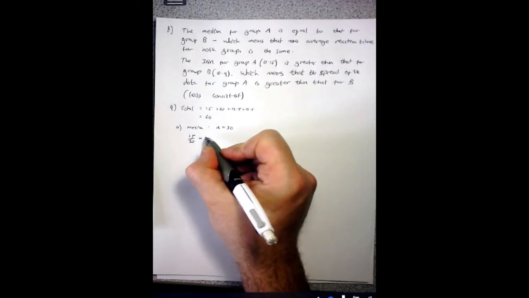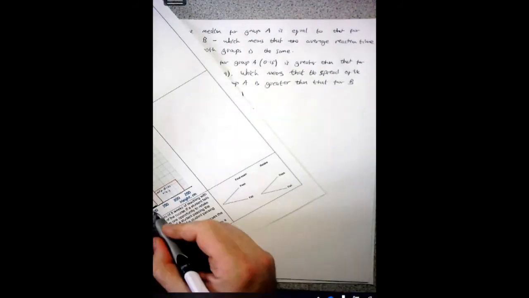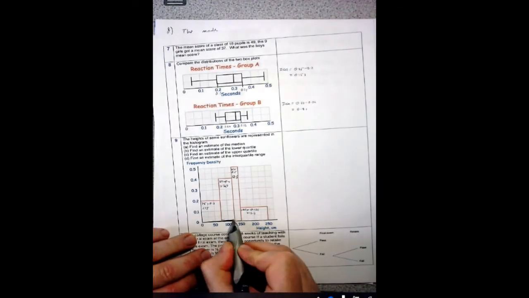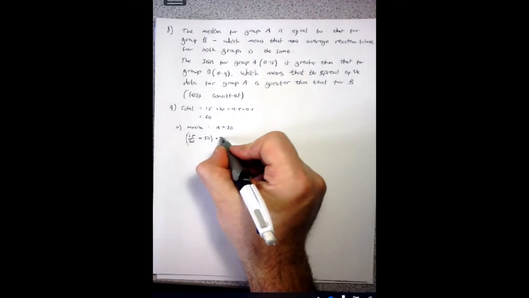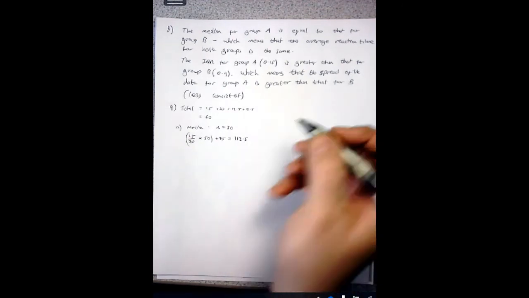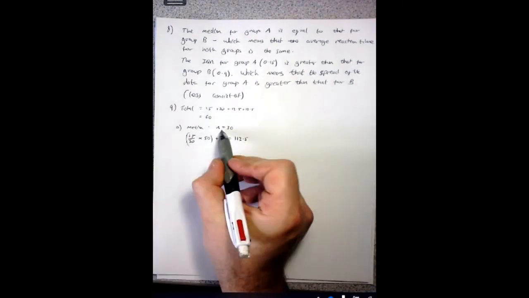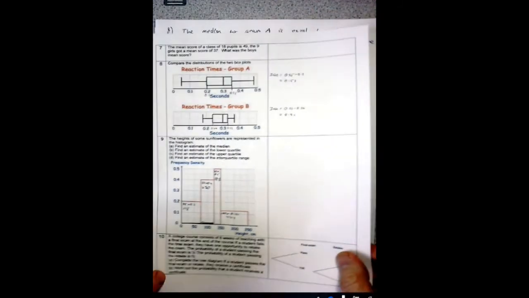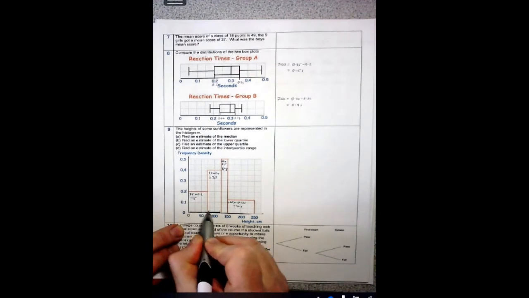Not a nice calculation to have to work out. So 112.5. Let me say that again. I worked out that the median is the 30th sunflower because I've got 60 in total. Well, I know that this box has 15 and this box has 20, so I need to work out where the 15th into this box would be. So because there's 20, 15 would be 3/4 of the way through.